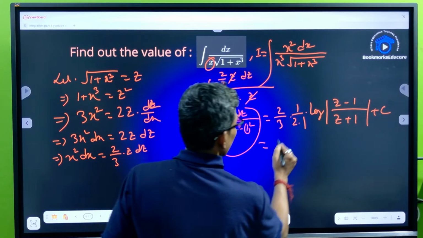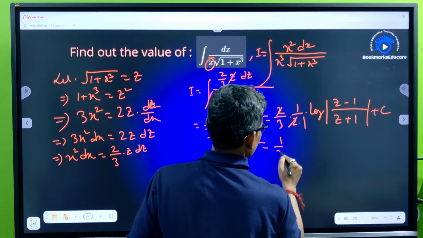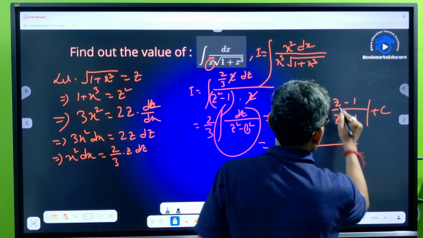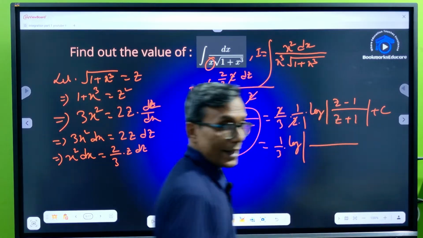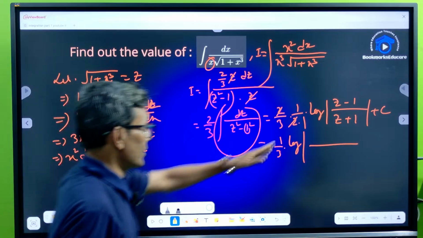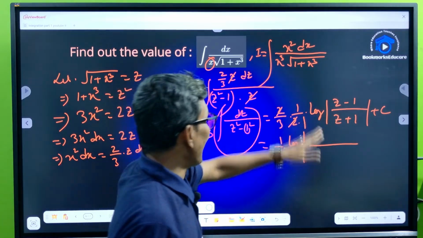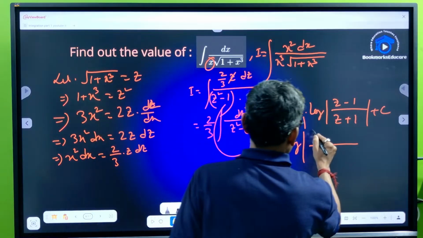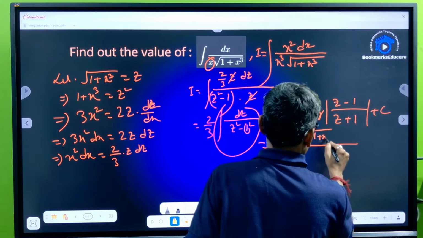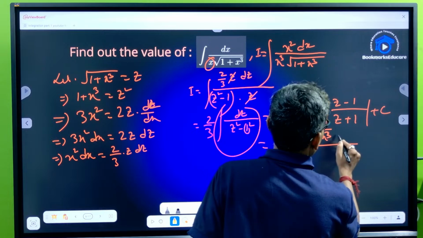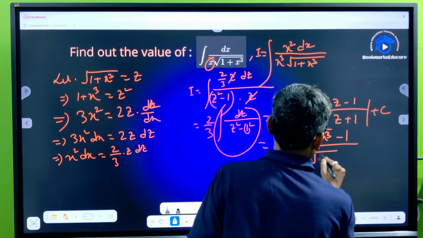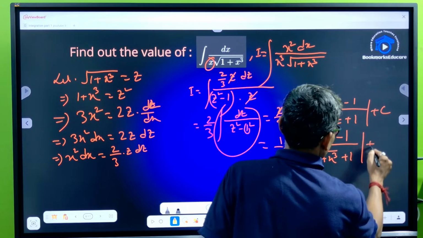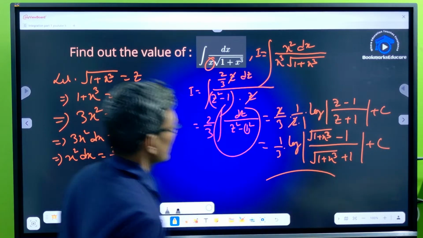So 2 gets eliminated, 1/3. Substitute z back in terms of x. So z will be substituted by x. Okay, so z means root over of 1 plus x cube, minus 1 by root over 1 plus x cube plus 1 plus c. So this is the required answer.